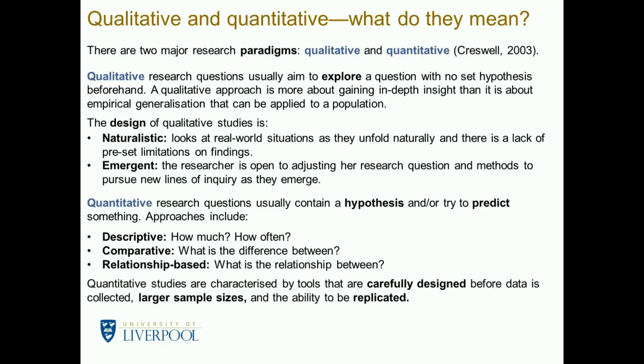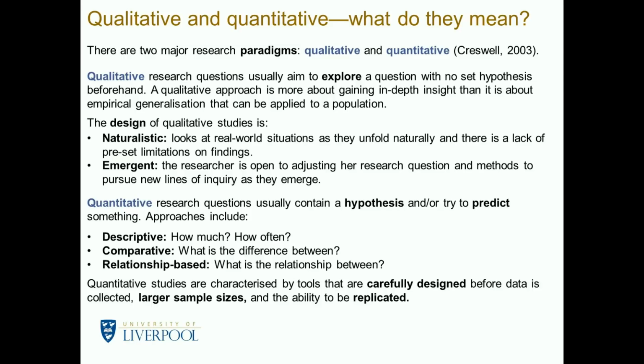Qualitative research questions usually aim to explore a question with no set hypothesis beforehand. A qualitative approach is more about gaining in-depth insight than it is about empirical generalization that can be applied to, say, a population.